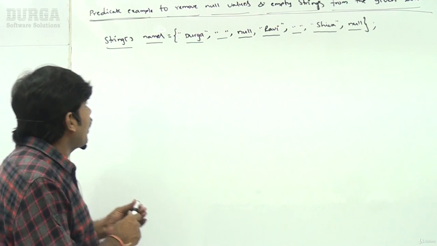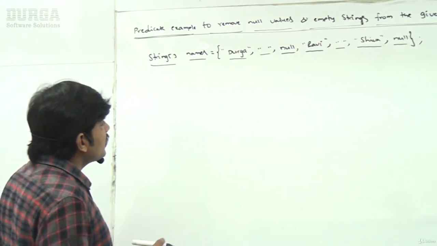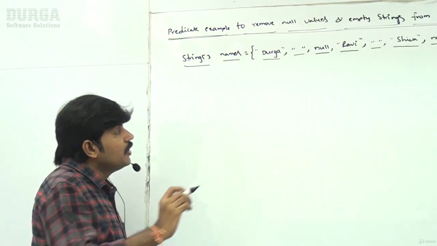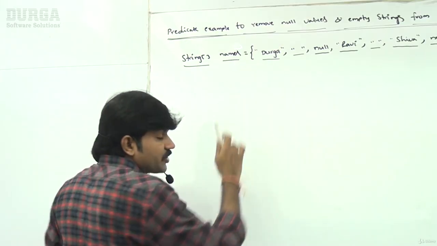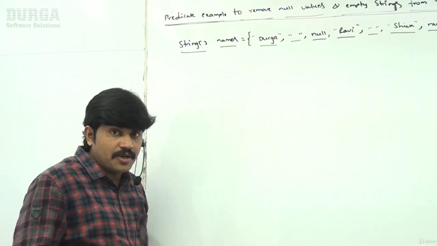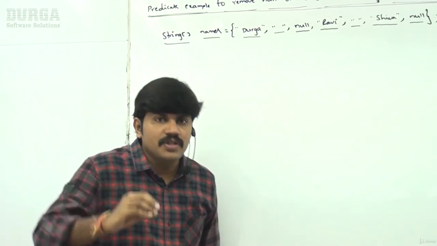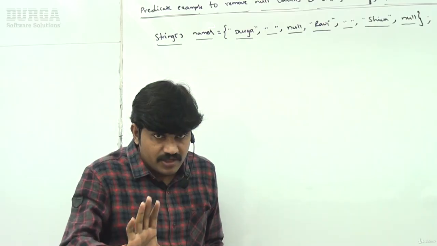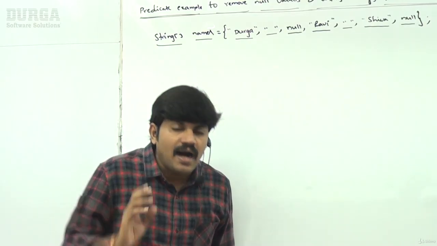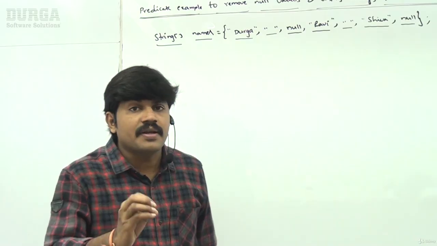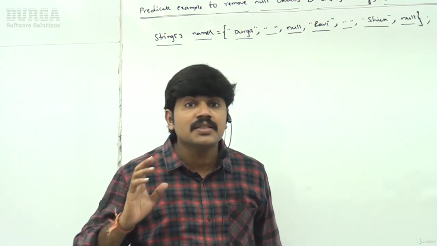Now have a look once. I want to write a predicate. That predicate is always going to take a string as argument, and it will check whether that string is an empty string or a null value. If it is empty or a null value, it returns false.